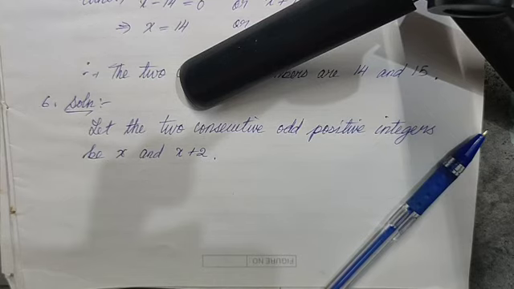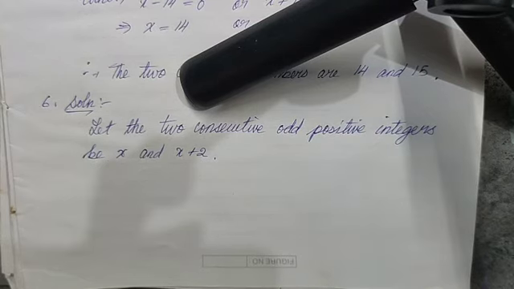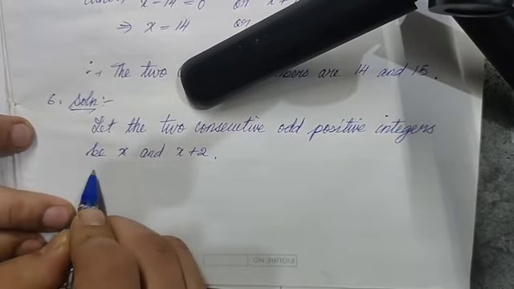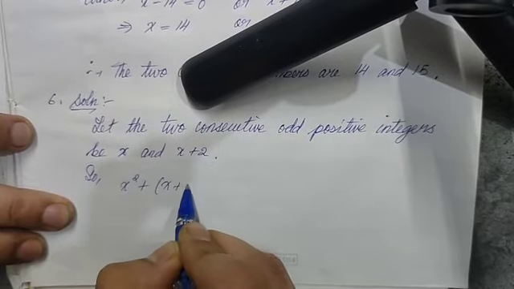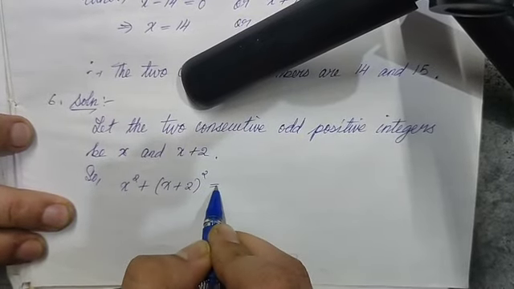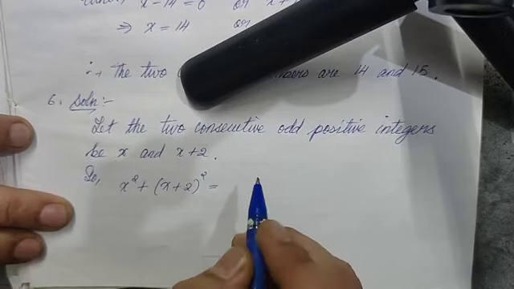Now the question says the sum of whose squares is 290. So x square plus (x plus 2) whole square is equal to 290.